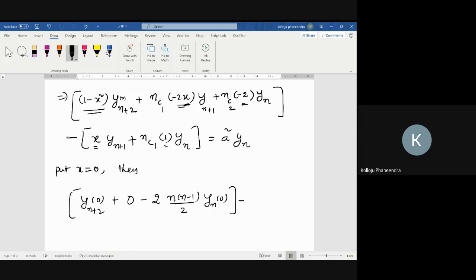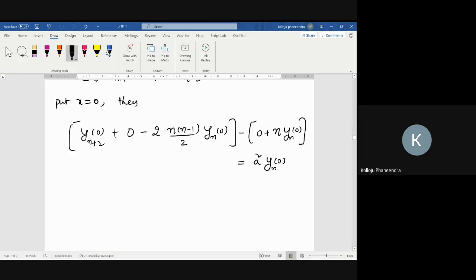And second one minus this x value 0. So this is 0 plus nc1, n value, and this is yn at 0. Yn at 0 equal to a square yn at 0. A square yn at 0. So this 2 gets cancelled. This implies yn plus 2 derivative at 0, and what is this becomes?